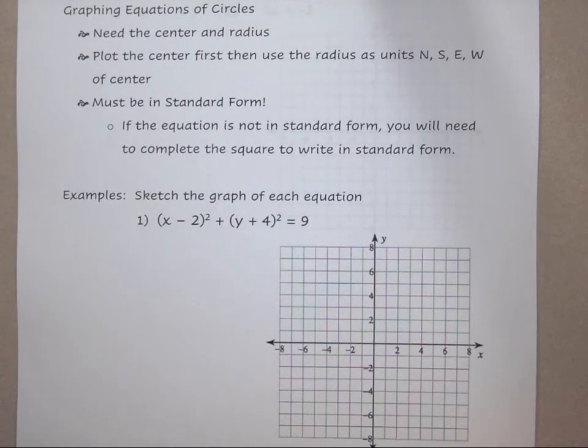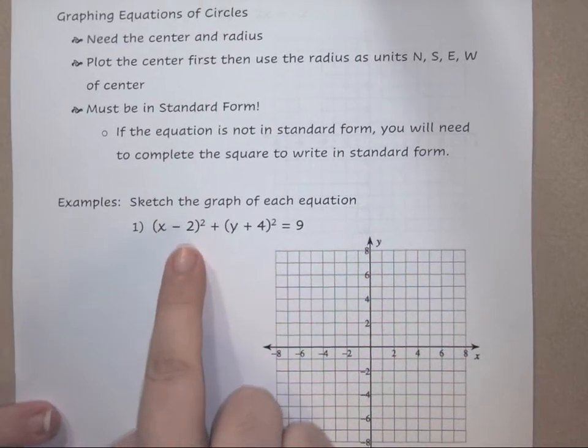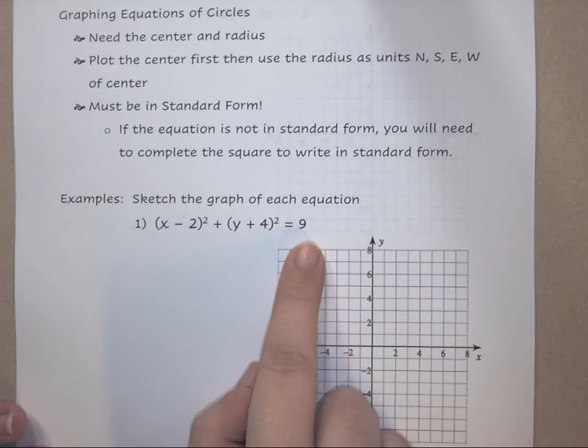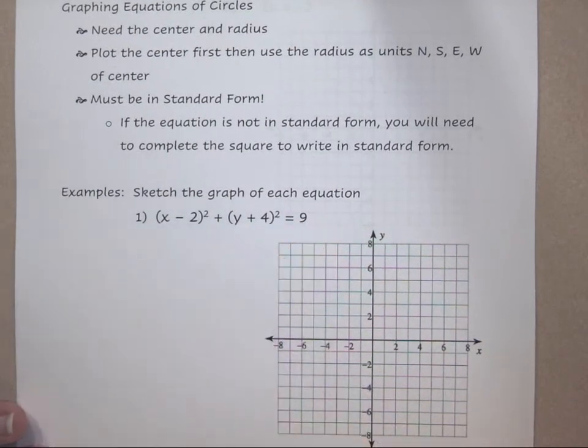Alright, here we're going to look at just a couple examples on how to graph circles. So the first example, we are giving you the equation of the circle. All you have to do with this one is pull out the required information for you to graph.